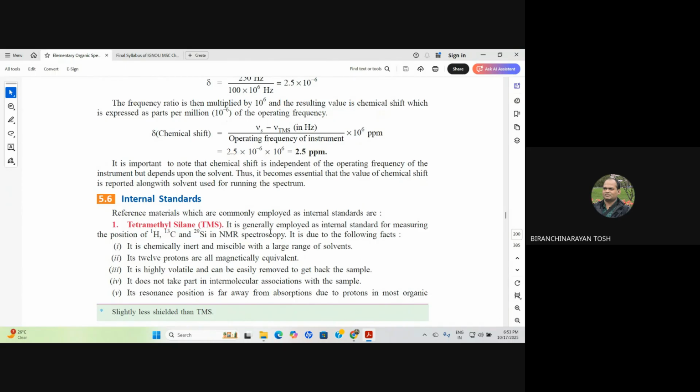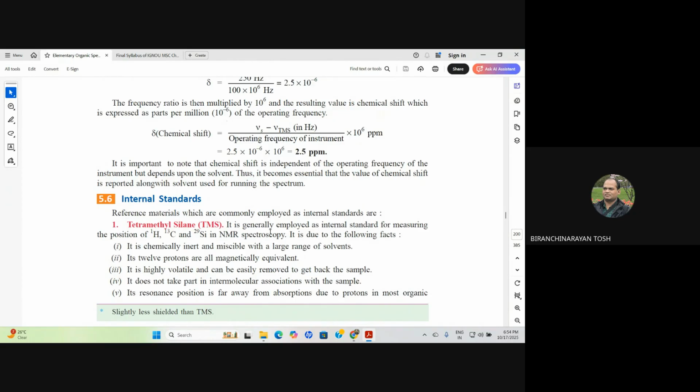The main merits are that it is chemically inert and miscible with a large range of solvents. Its 12 protons are magnetically equivalent. It is highly volatile and can be easily removed to get back the sample. It does not take part in intermolecular associations with the sample.